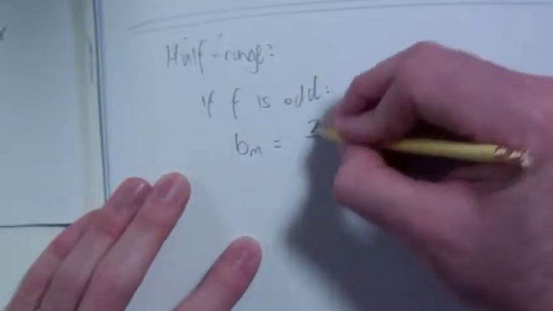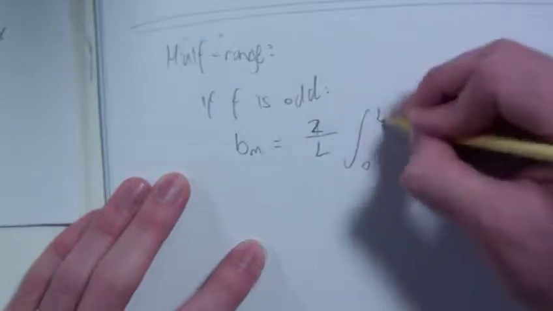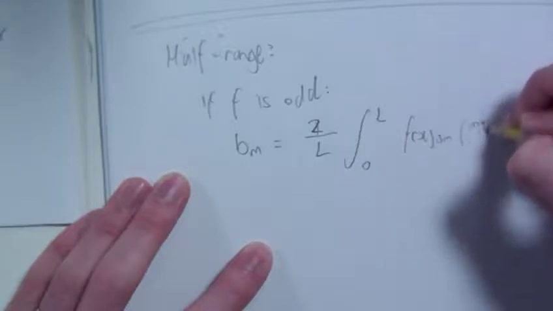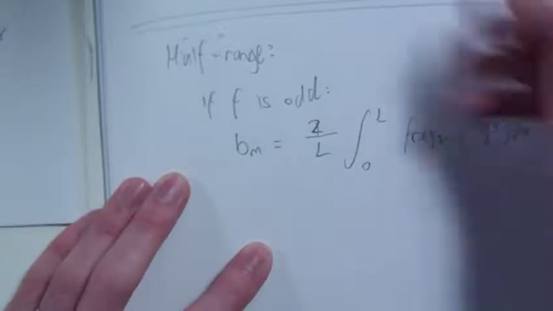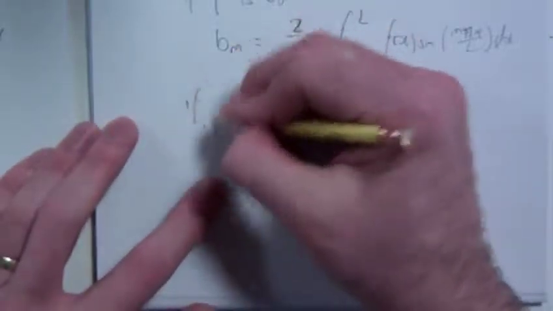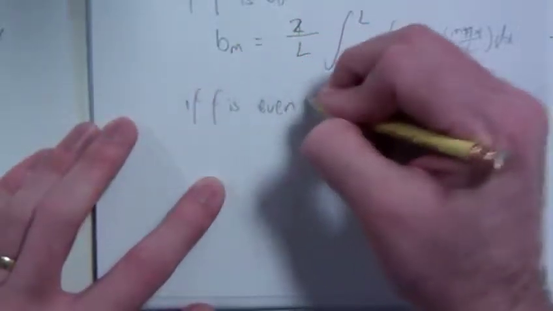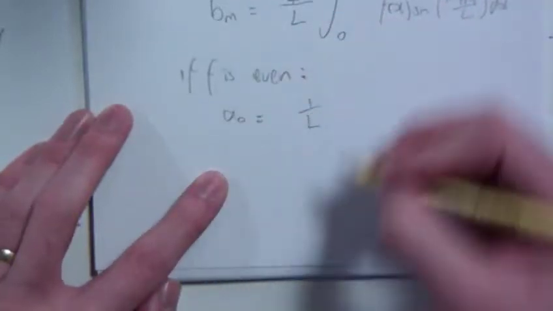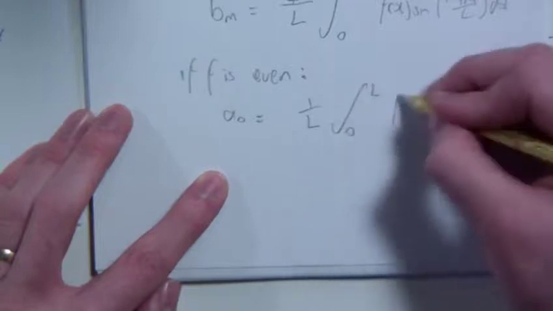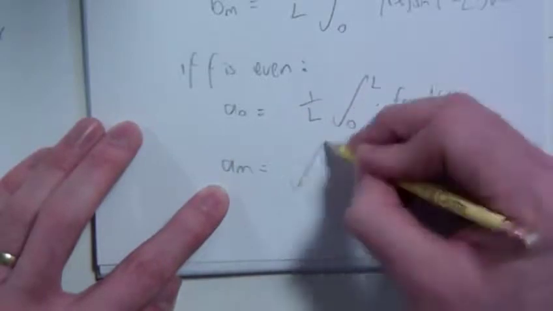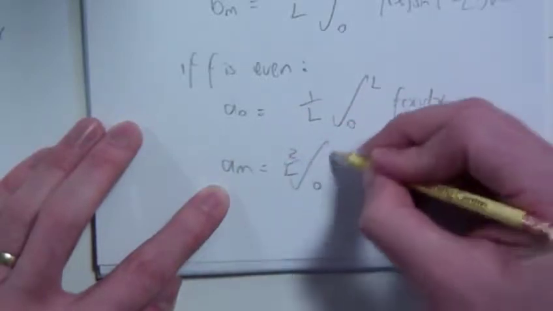You'll have to times it by 2, but you can just go from 0 to L. And that will be marginally easier because you'll be subbing in a 0. And if f is even, you'll have that your A0 is twice the size as it was before, and your am is twice the size it was before, but only half the domain.